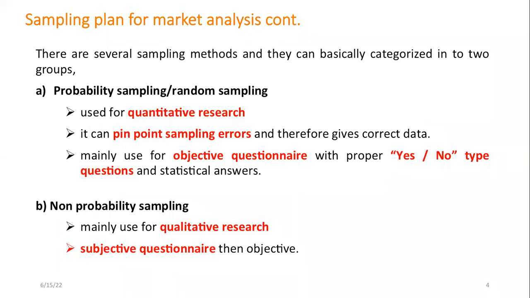And we have determined the answers previously, and ask somebody to select what is the correct one, right? And non-probabilistic sampling, we use basically for qualitative research activities and subjective questionnaires rather than objective, right? Here we are going to ask questions, right?